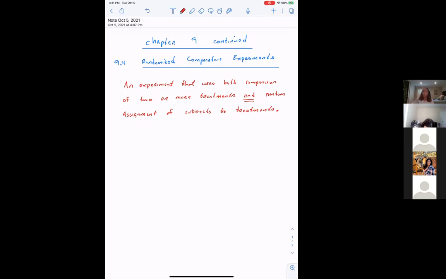So you have multiple treatments, but how do you decide who gets what treatment? Well, that's where the randomness comes into play. You're comparing multiple treatments, but at the end of the day, who gets what treatment is completely random.